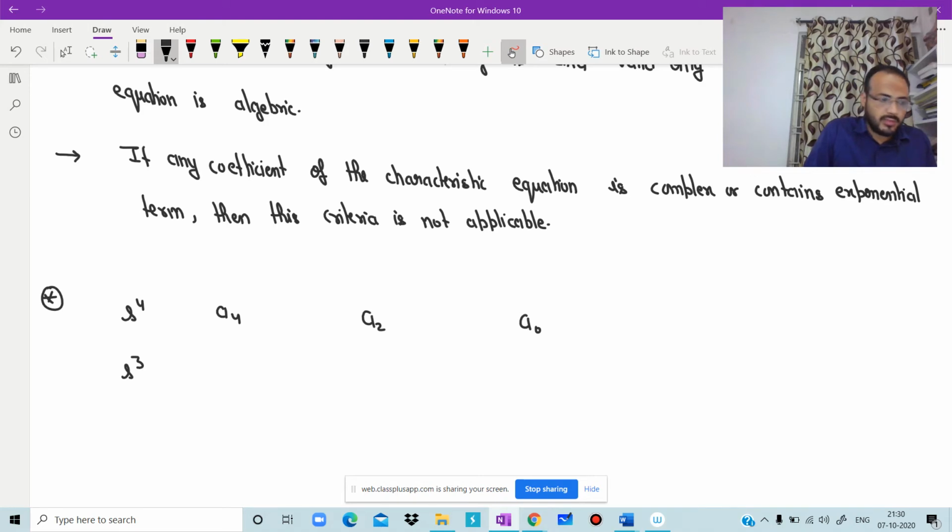And in S cube, we have A3, A1, 0. If you have an equation of fourth order, then we will have 5 rows. Then A4, A3, A2, A1 and A node. Then the sixth one is 0.